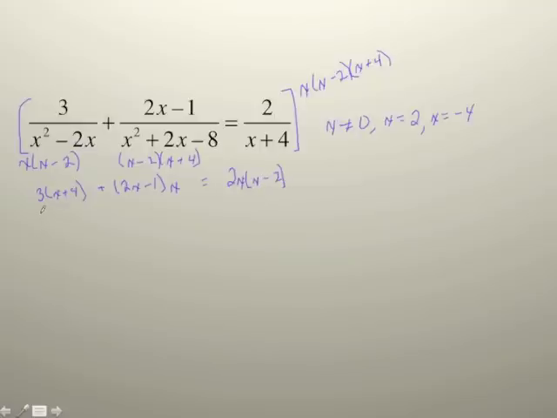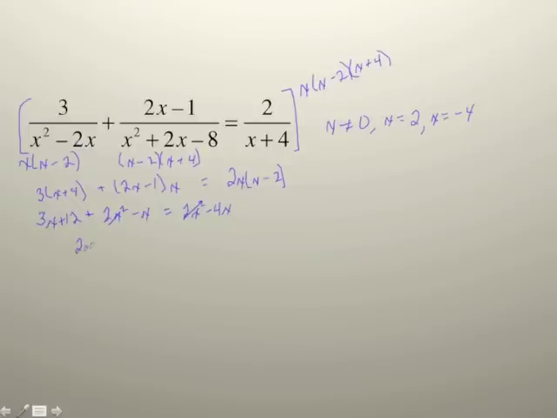Removing those parentheses, I have 3x plus 12 plus x times these, 2x squared minus x equals 2x squared minus 4x. Getting the x squareds on one side, I'll find they cancel out, so I won't have those.